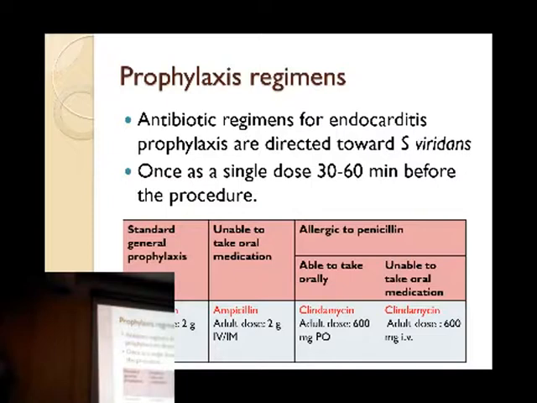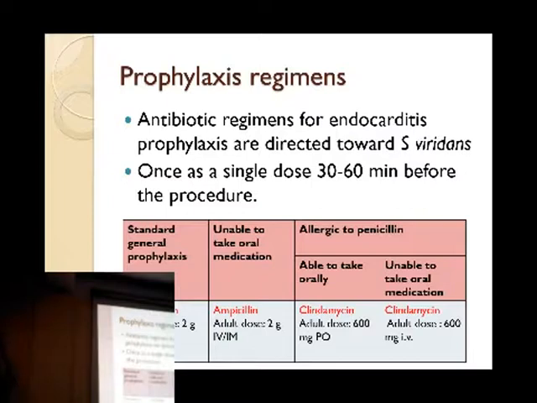The therapy is determined by whether the patient has penicillin allergy or not, tolerance or intolerance. Mainly the agent we use is amoxicillin, 2 grams high dose given as a single dose 30 to 60 minutes before the procedure. If the patient can't take anything orally, then we go for intravenous therapy using ampicillin 2 grams.